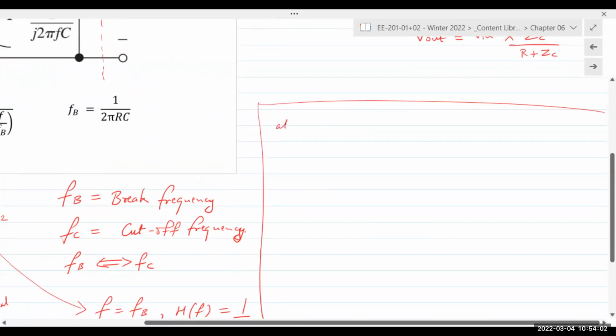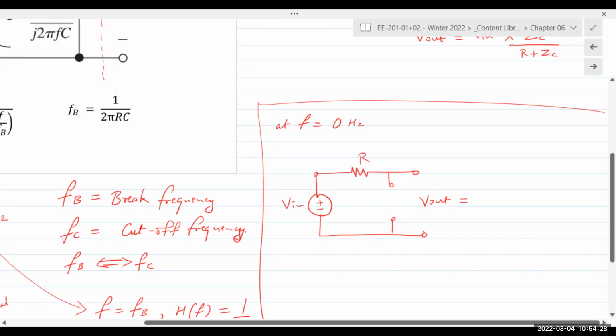At F equal to 0, meaning extremely low frequencies, what happens? What is the capacitor? Open. The capacitor is open. What is V out? You have a voltage, you have a resistor in series, terminals are open.